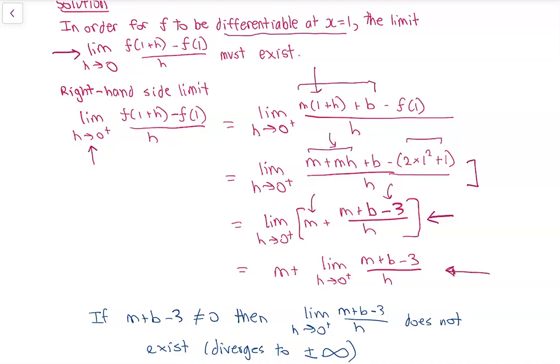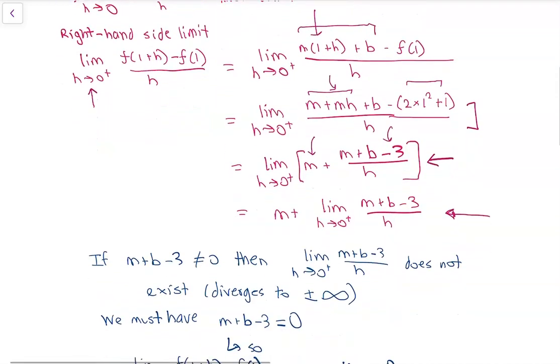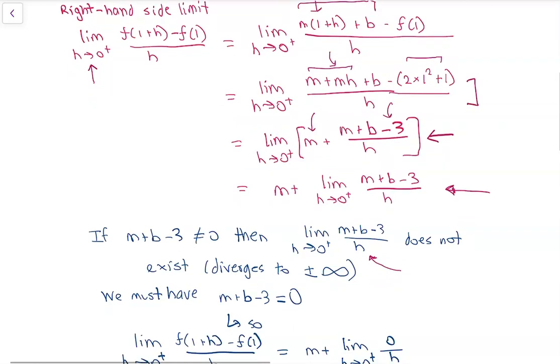What we can see now is if m plus b minus 3 was not equal to 0, this means as h approaches 0 from the positive direction, this limit of m plus b minus 3 divided by h is not going to exist, because it will diverge to either plus or minus infinity. The only possible option is for m plus b minus 3 to equal 0.